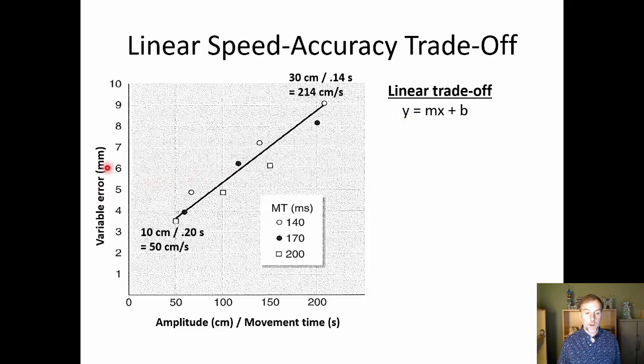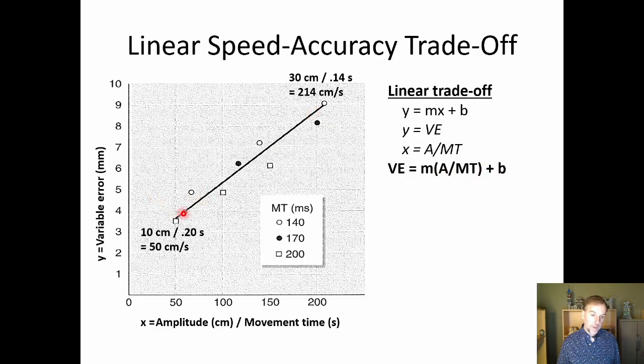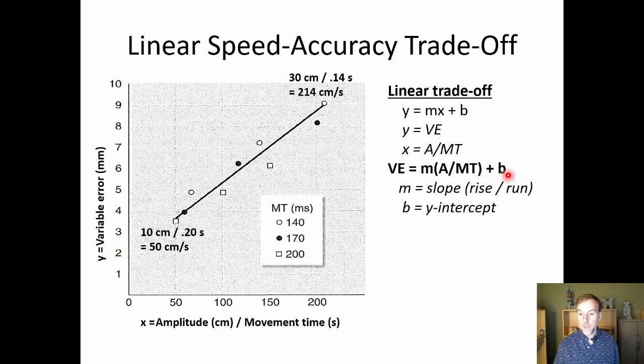So y is variable error, sometimes abbreviated VE, and x is our A over MT. Then we would calculate the slope and the y-intercept, which I'd predict is maybe around 2 or 2.5. We'd put those numbers in, and that would give us Schmidt's law for these data.